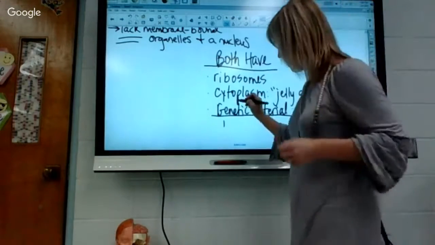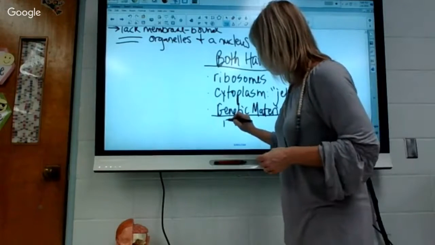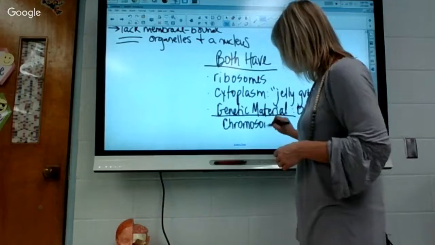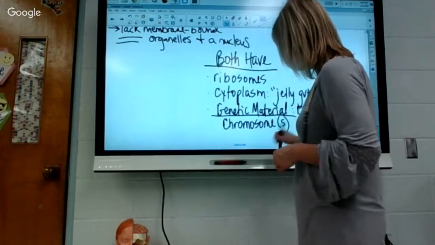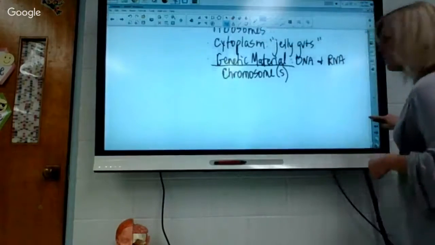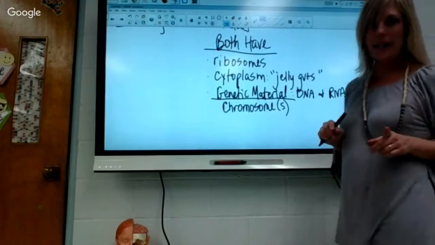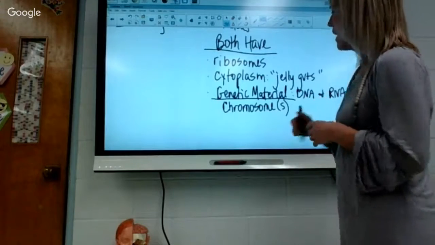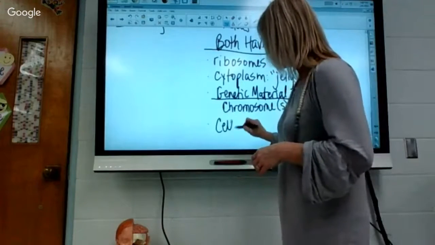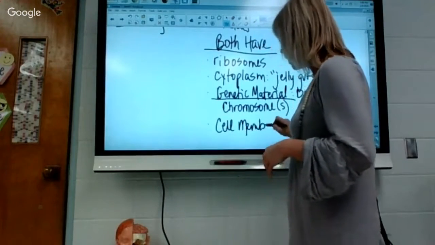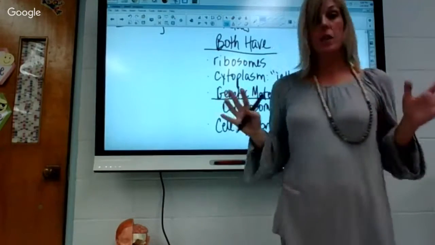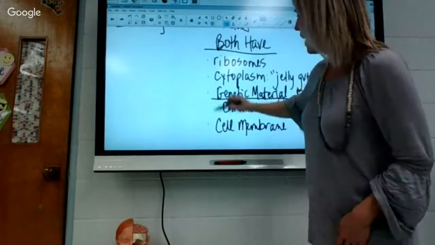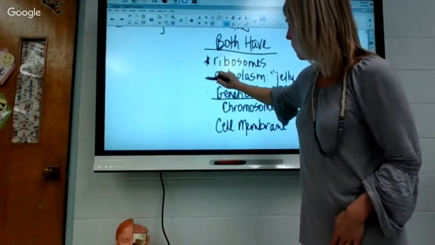Now, for the DNA, we can see it in the form of a chromosome, and we're going to find out that bacteria have a special kind of DNA that's like a bonus DNA, and then they also have a cell membrane. Not a cell wall. Not all cells have a cell wall. So a cell membrane. So this is what both types have, these 3 things.